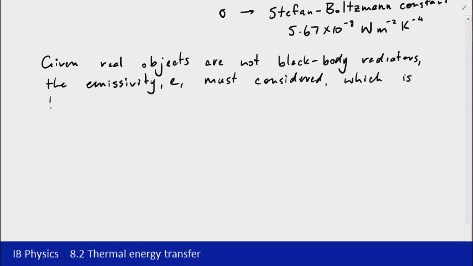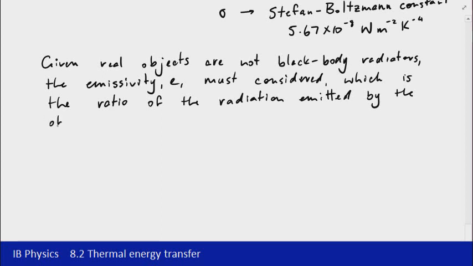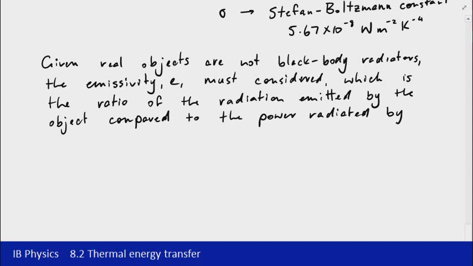It's the ratio of the radiation emitted by the object compared to what it would be if it was a black body radiator, or in other words, compared to the power radiated by a black body of the same dimensions and temperature.